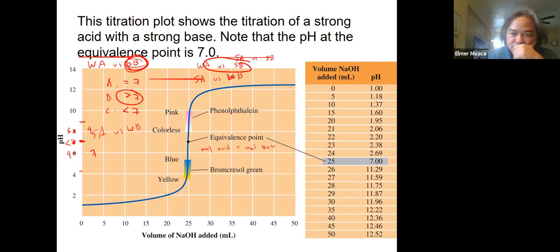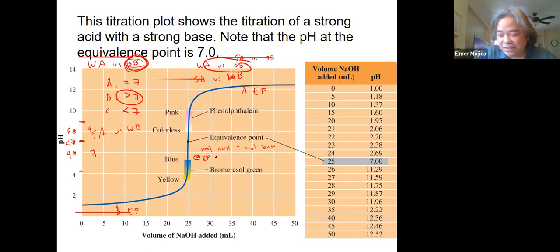So there's only 3 regions here: before equivalence point, after equivalence point, and at equivalence point. So it's easy if you have both strong acid and strong base, because it will always be at 7.